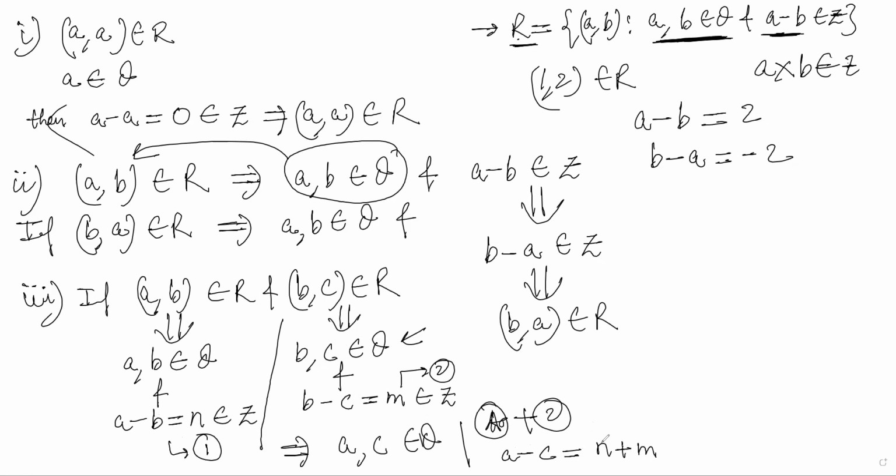Now n is an integer, m is also an integer, so the sum of two integers should be an integer, right? So this should belong to Z, which obviously means that A comma C also belongs to R. That is how we can prove this.